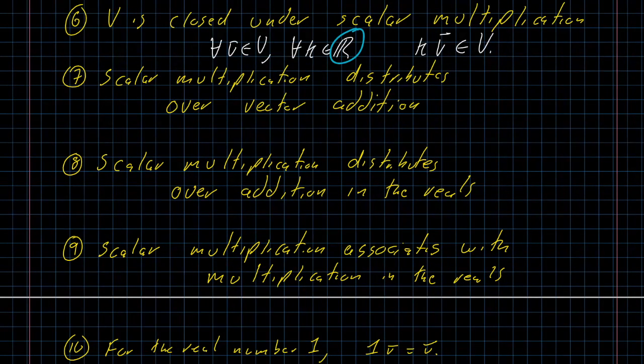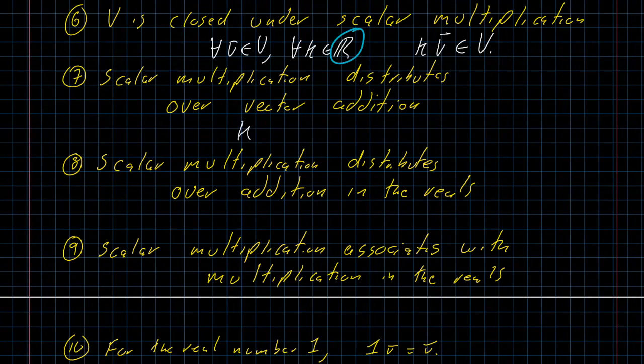Vectors defined over the integers are an interesting idea in themselves. Vectors defined on the complex numbers are an interesting idea in themselves. But for the sake of time and convenience, we are only going to look at vectors defined on the real numbers in this course this semester.